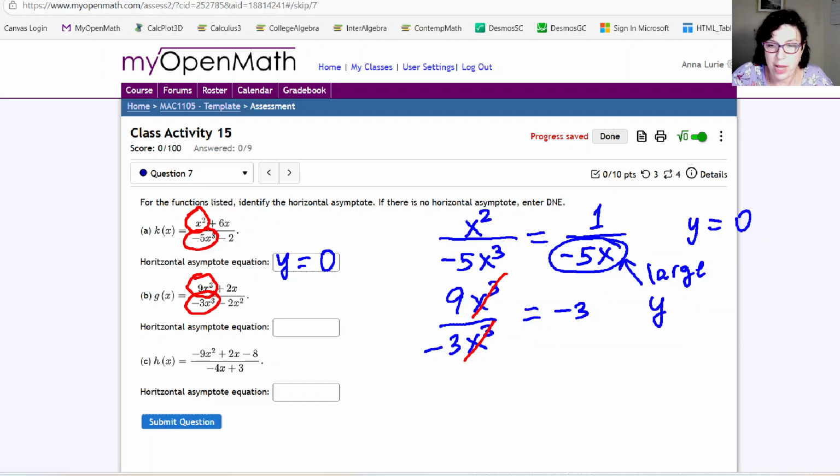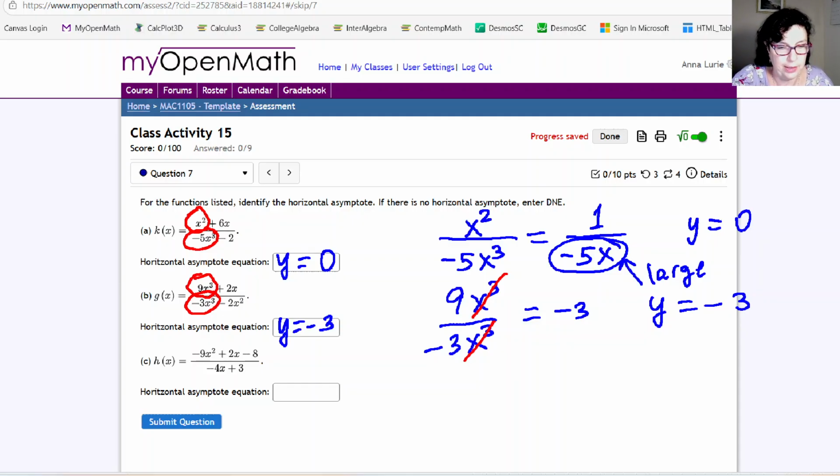And that's going to be your asymptote, y equals -3. So when the powers are the same, get rid of all the other terms, cancel the x's on the top and on the bottom, and the ratio of the coefficients, what's called leading coefficients, is going to give you the asymptote. Just remember that if it's a horizontal asymptote, it must have an equation y equals something, because it's a horizontal line.